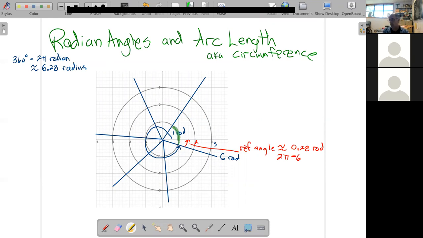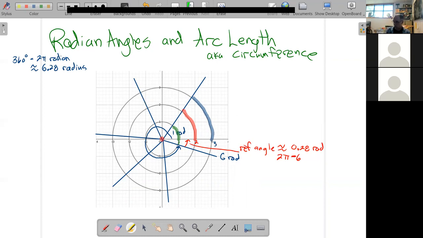If I were standing on the circle of radius 2 and I rotated around this central point 1 radian, I happen to cover 1 radius. How long is a radius? Well, in this case, a radius is 2, which would be 2 feet. And if I were on the circle of radius 3 and I covered 1 radian, that's the same as 1 radius on this circle, and the radius is worth 3 in that case.